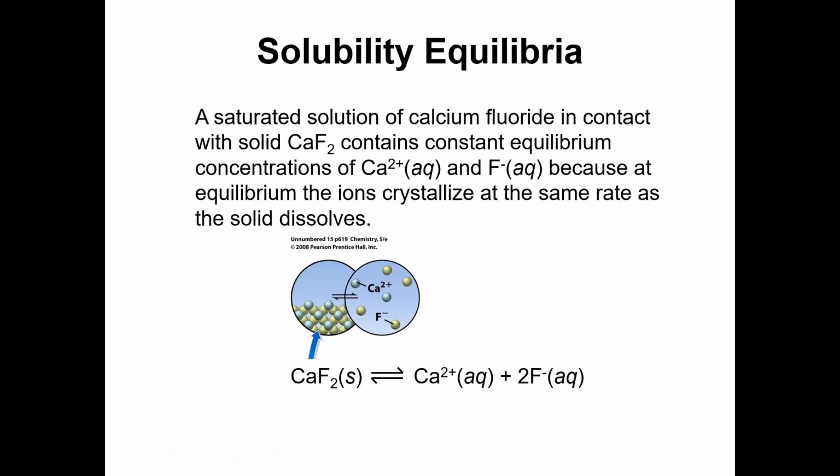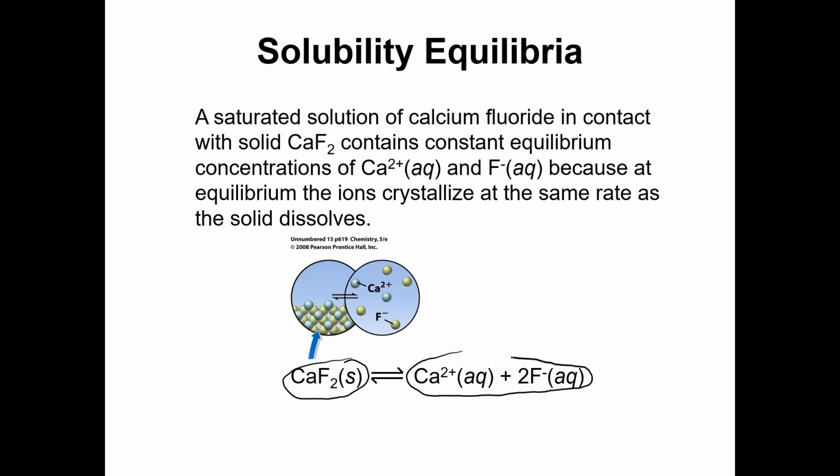So, for example, we're going to look at a saturated solution of calcium fluoride, and we have some solid calcium fluoride at the bottom of our container. So we get an equilibrium going between the solid calcium fluoride and the ions in solution.